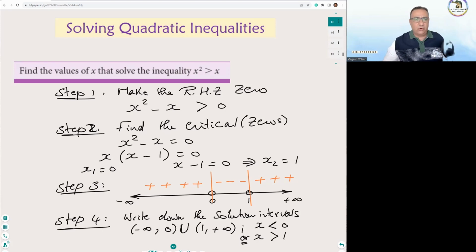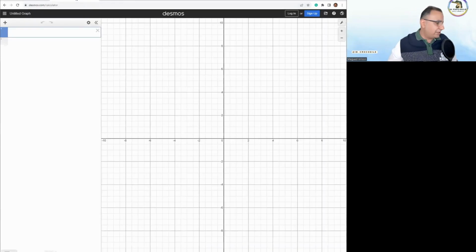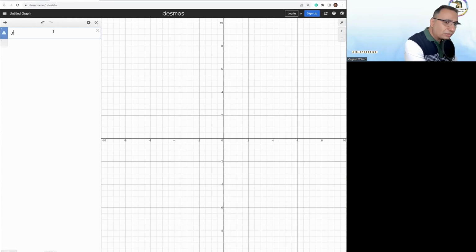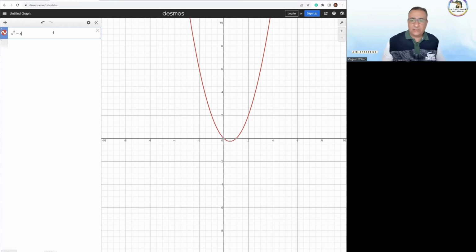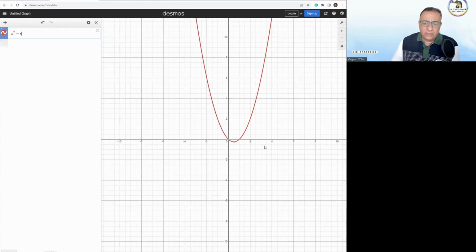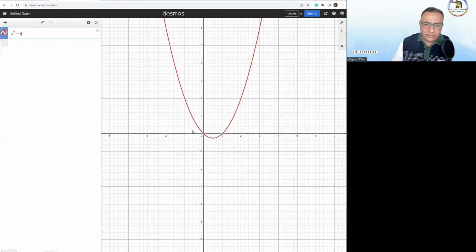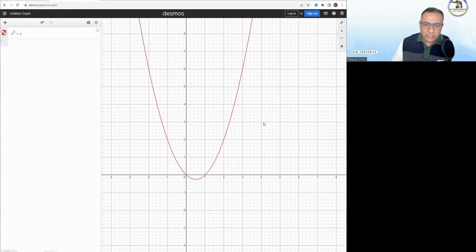But basically, I'm going to use Desmos online here, a graphing calculator, just to make it faster. So I can say x squared. We know it's going to be a parabola, so x to the power of 2 minus x. So that is our parabola here. Now the intervals where this parabola is bigger than 0.